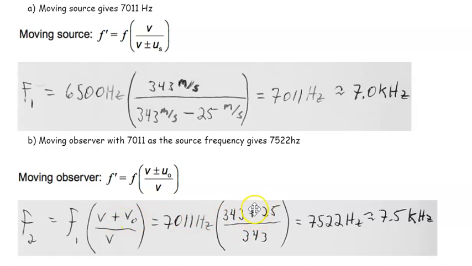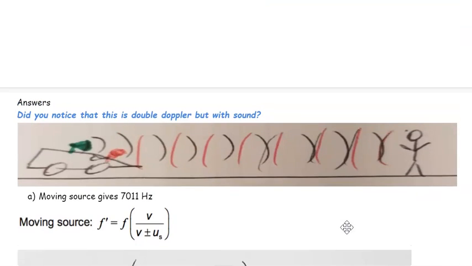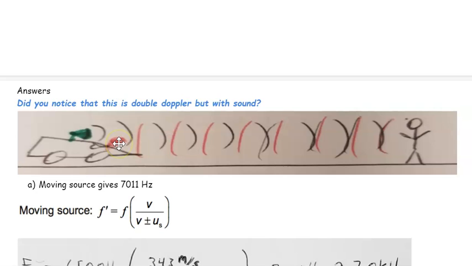So we're going to use the positive on the top, put a plus 25, and use this 7011 from this answer, becomes the beginning frequency here. And the microphone in the moving car is going to pick up 7,500 hertz, or 7.5 kilohertz is what this red microphone will pick up.